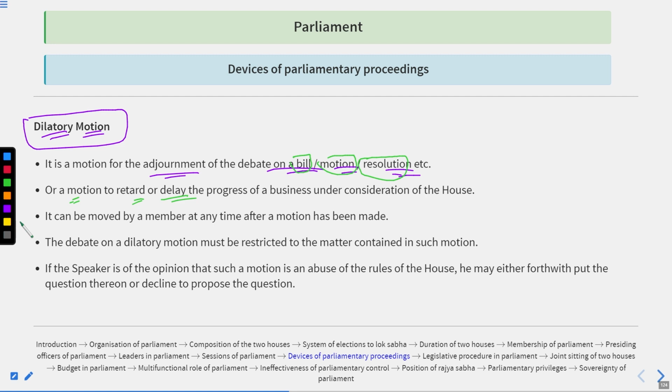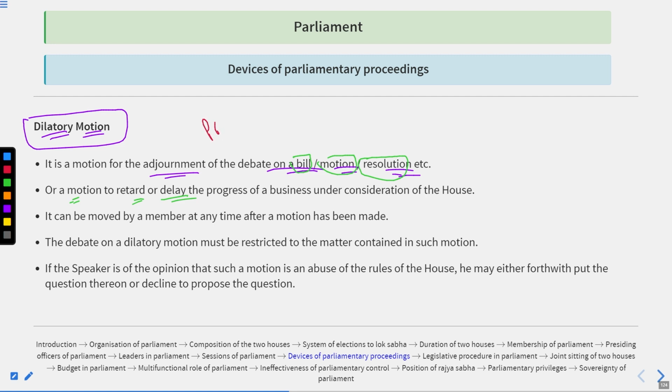Let me give you a straightforward example. Suppose some bill, motion, or resolution is being discussed in the House, and the House is making progress in the discussion and is about to put it to a vote.